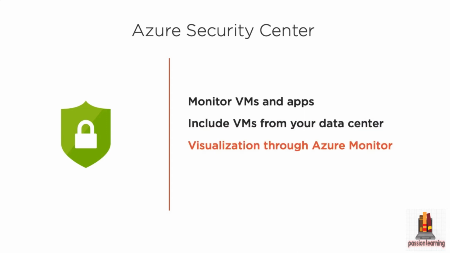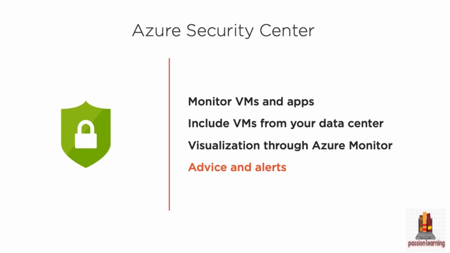All this information can be surfaced up through the Azure Monitor that we talked about in the management section, so that you can get that visualization of the security aspect of your environment alongside the other information that you're monitoring for. So a big part of the Security Center is, of course, telling you that there are things you can fix and providing you advice. How can you make this more secure?